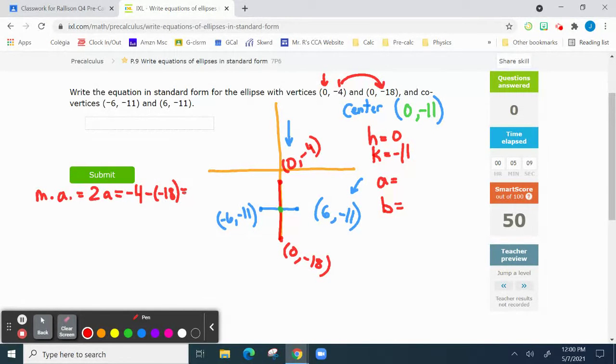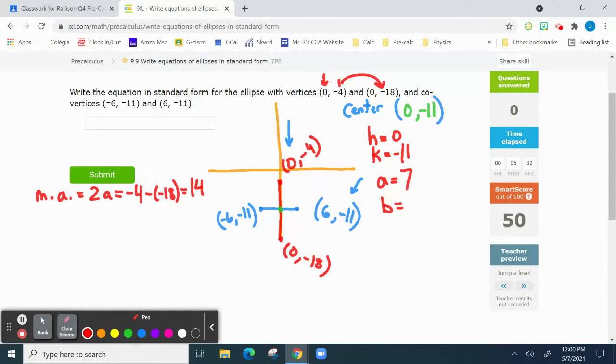We'll just start at the more positive value and subtract the less positive value. And if we go -4 minus -18, we're going to get 14. So 2a is 14, which means that a equals 7, right?